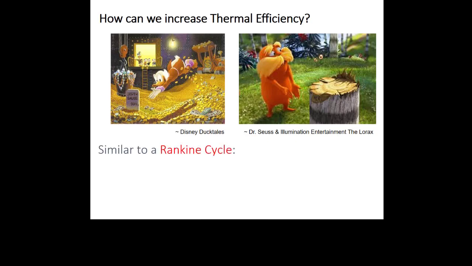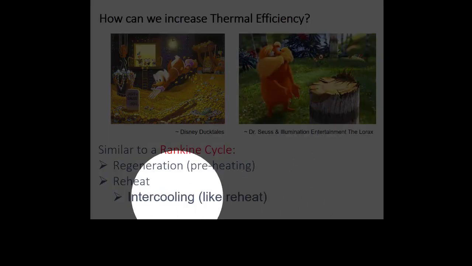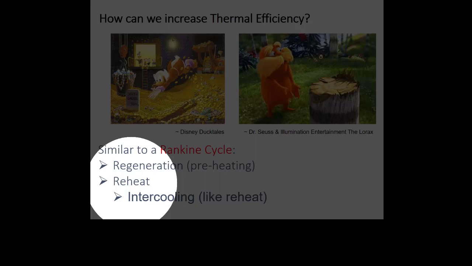So just like a Rankine cycle, when we look at our thermal efficiency equation, we can reduce the amount of heat that we put in through something like regeneration, right? We have regeneration here in these cycles too, but it works differently, right? Or we can do reheat, right? That's what we did in the Rankine cycle. But here, remember, reheat kind of gets us more power out.